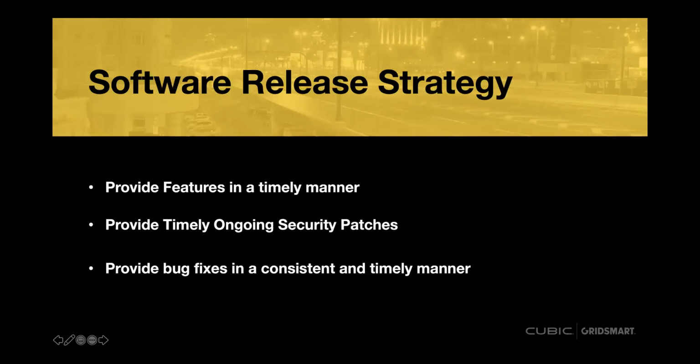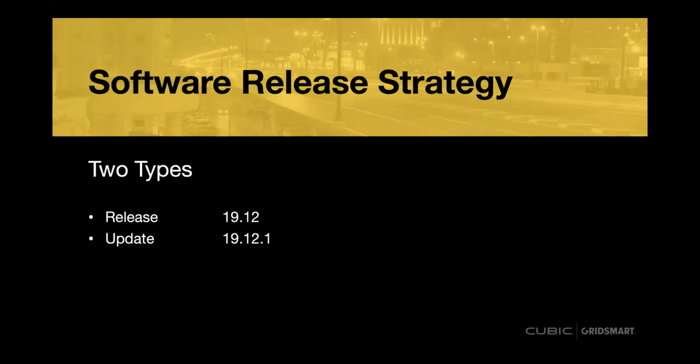Our objectives any time we're distributing software to our customers is we want to provide features in a timely manner. We want to provide timely ongoing security patches. We want to provide bug fixes in a consistent and timely manner. And we'll get into a little bit of terminology here that's important to note when you're talking about GRIDSMART software.